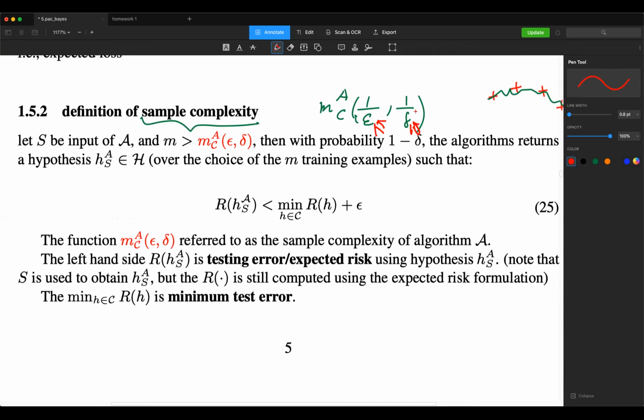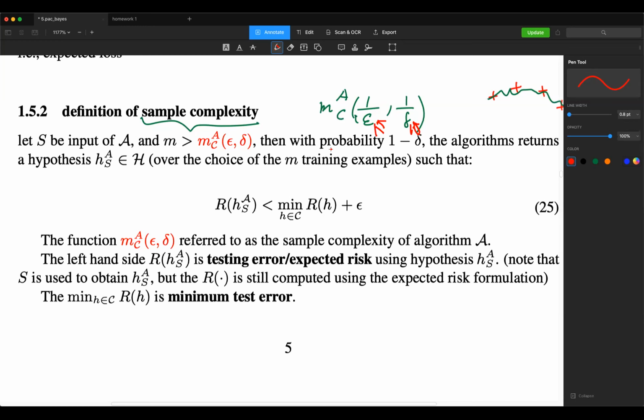So refresh your mind a little bit. Remember today, what did we talk about? PAC learning, right? What does PAC learning try to do? What's PAC? The probably is delta, right? With at least 1 minus delta probability, the discrepancy between the empirical risk and the expected risk is going to be less than epsilon.